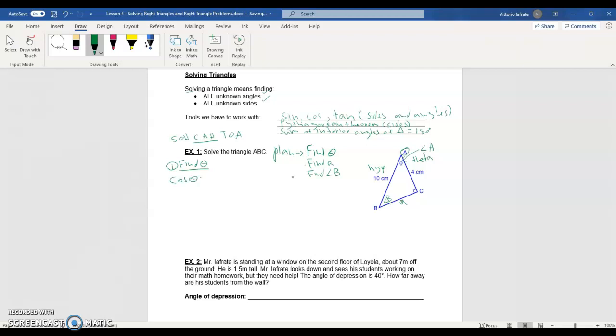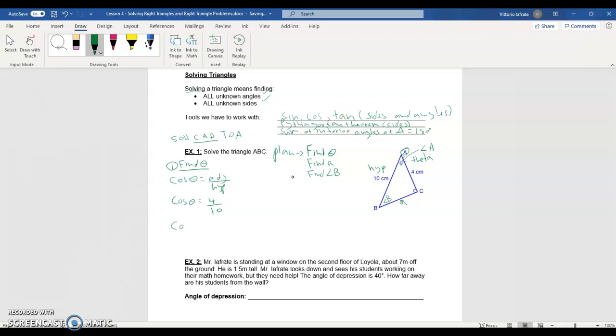So we know that cos theta is equal to adjacent side over hypotenuse. So that means that cos of theta is equal to 4, which is the adjacent side because it's next to theta, over 10.